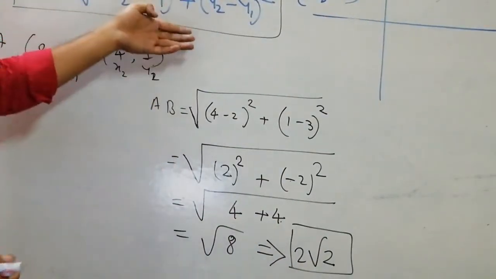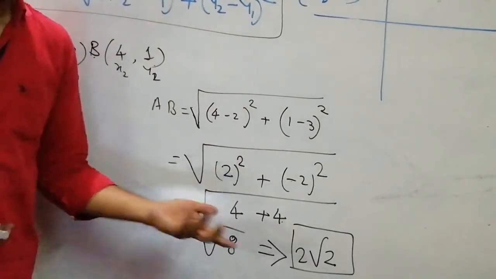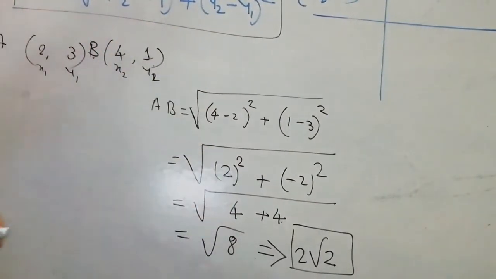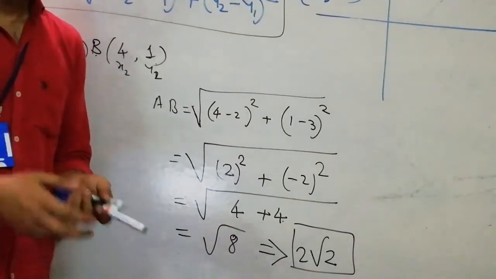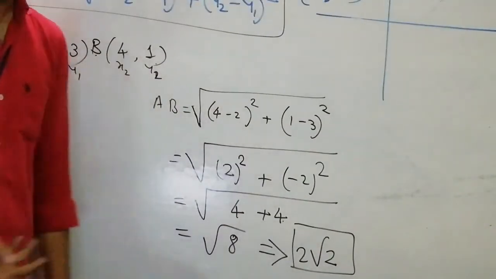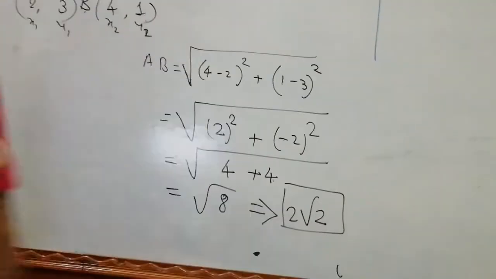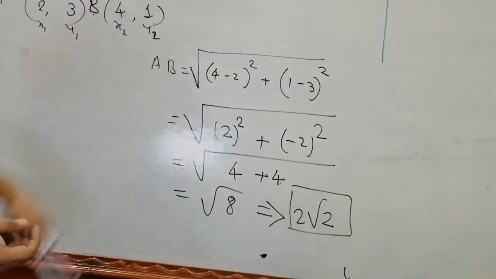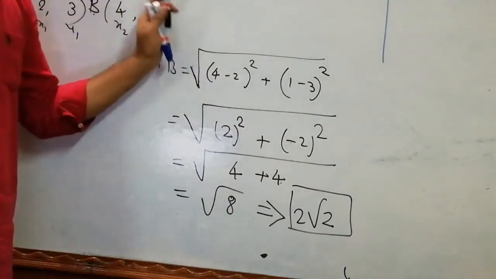So this is how we can use the distance formula and find the value. Similarly, you can take different numbers, like (minus 5, 7) and (minus 1, 3), and find the distance between any two different points using the distance formula. So this is all about the distance formula.